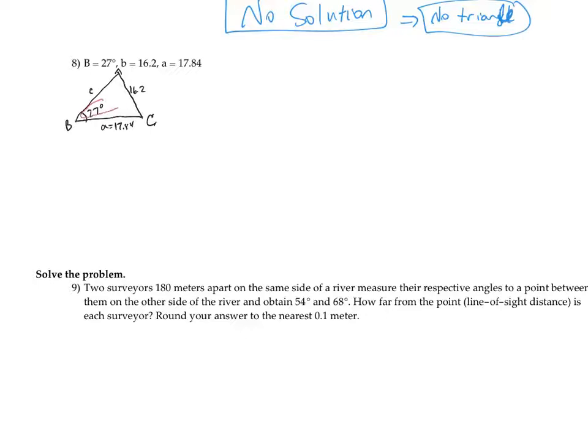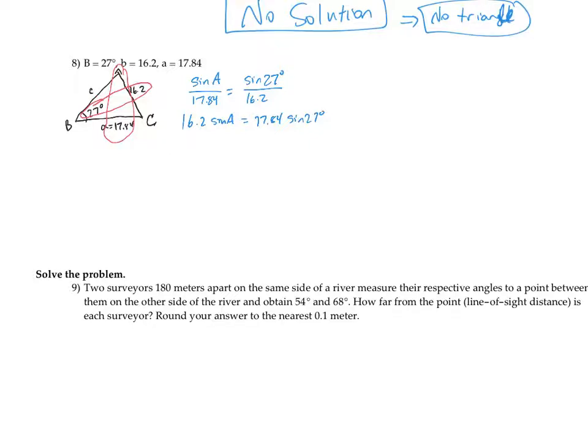So I can use law of sines here and here. Sine of A over 17.84 equals sine of 27 degrees over 16.2. 16.2 sine of A equals 17.84 sine of 27.